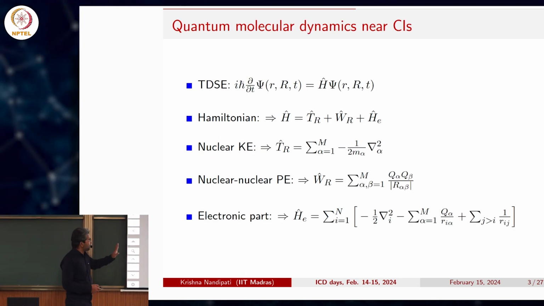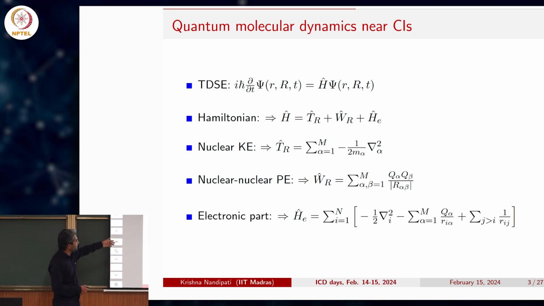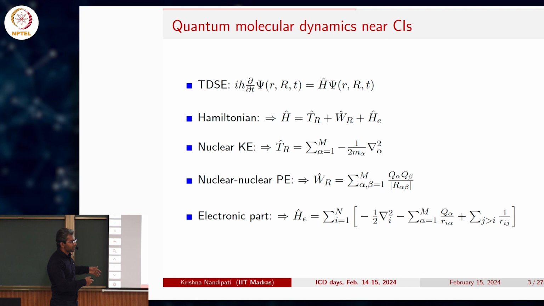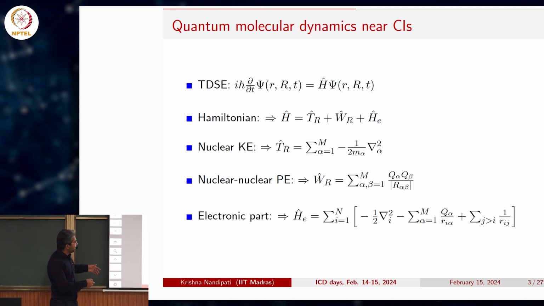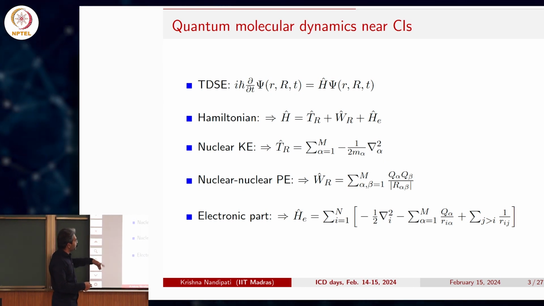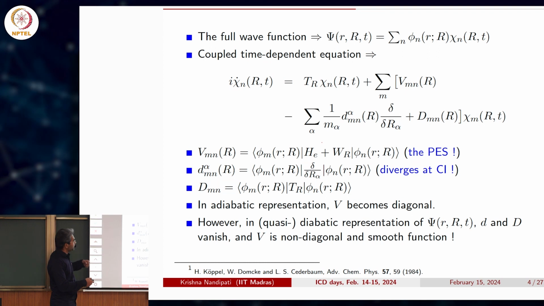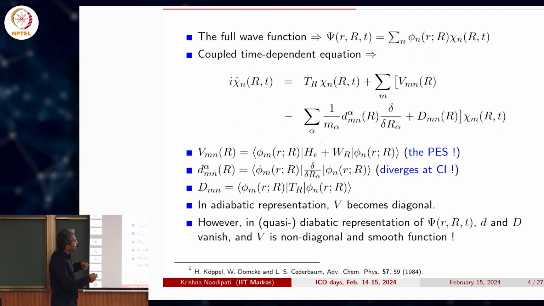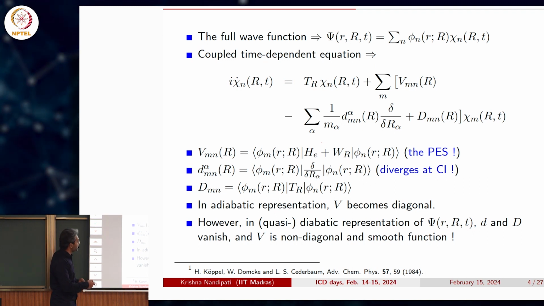So just refreshing, we wrote down our time-dependent Hamiltonian and I made it in 3 parts because I subsumed all other parts into this electronic Hamiltonian, and these read as follows. You're familiar with them anyway. And then we get these terms, and this one gives us the potential energy surfaces. These terms may be slightly different from what I wrote down, but essentially it's the same thing.